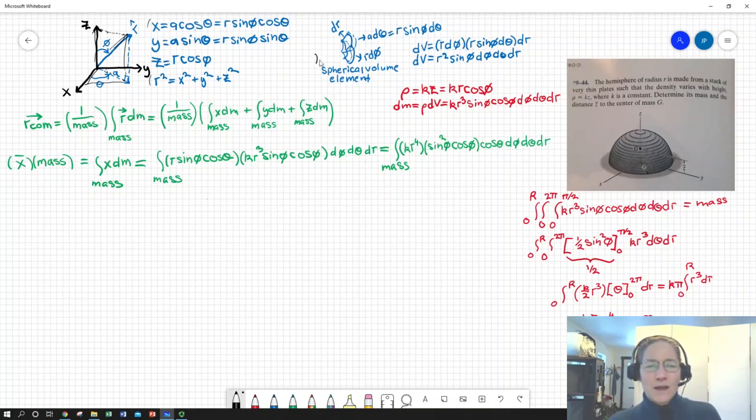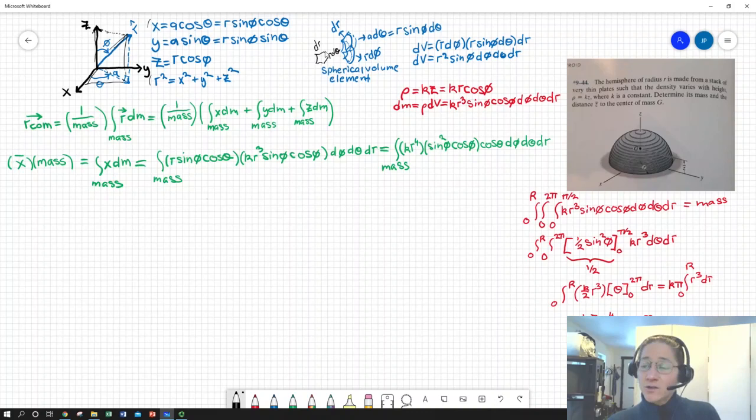So in our XY plane, we've got two curves, and we've got a dr on one side, and then we have an r d theta on the other side. If we're going to define the area, this would just be r dr d theta, which would be like our polar area of a little area element.